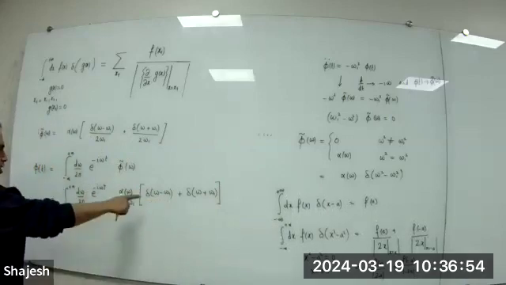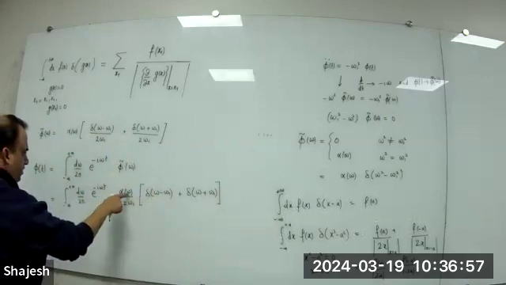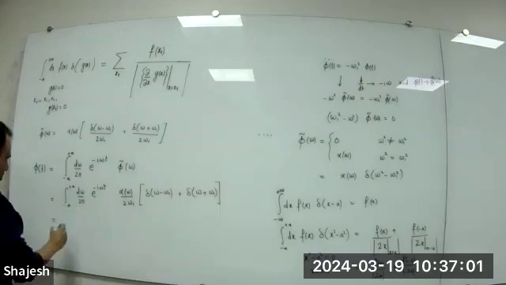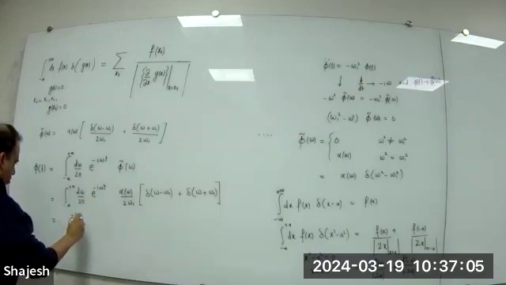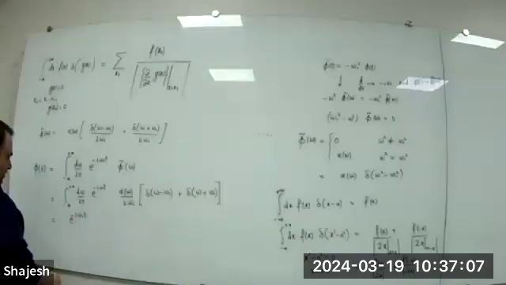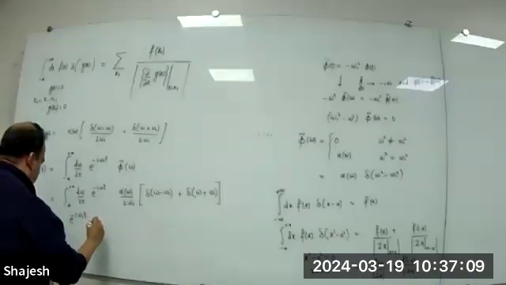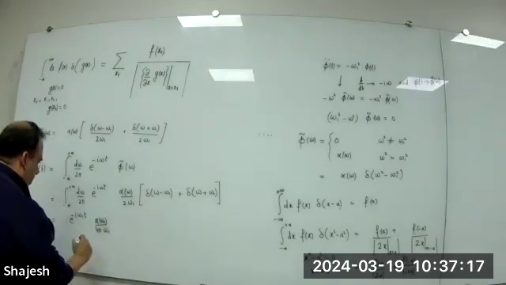Right? When I'm doing the first case, this gets replaced with omega 1, this gets replaced with omega 1. So I have exponential of minus i omega 1 t. Then I have alpha of omega 1 over 4 pi omega 1.